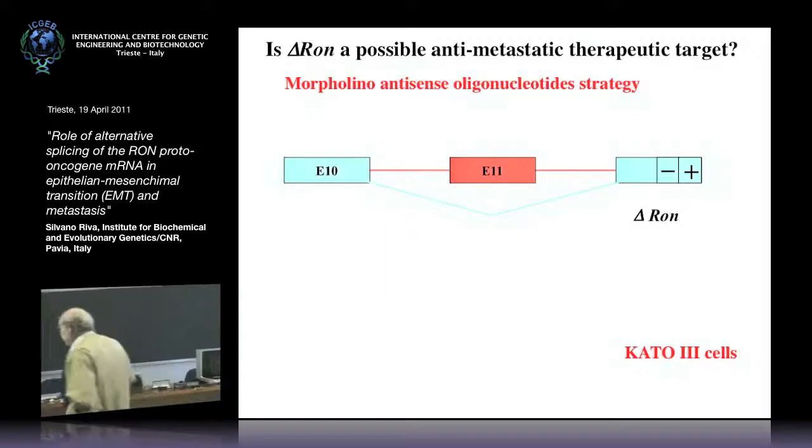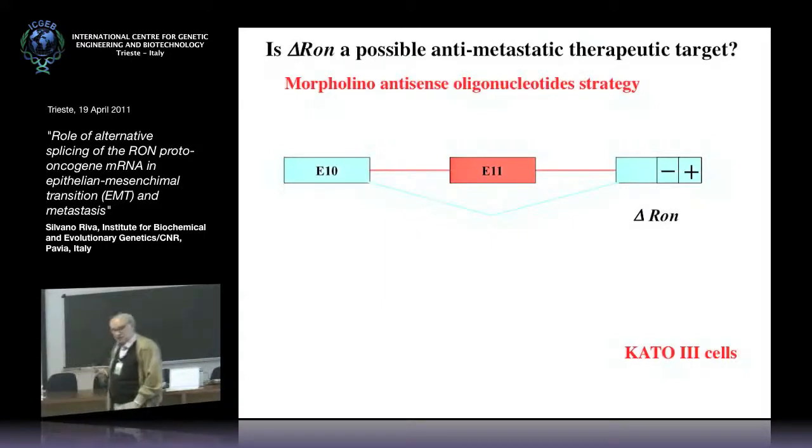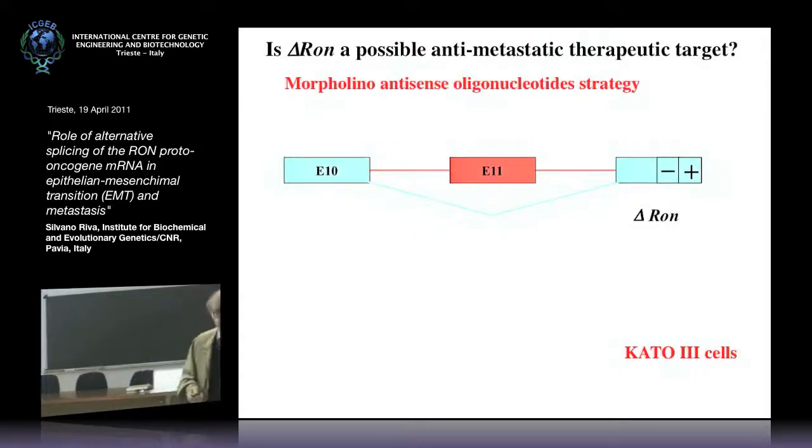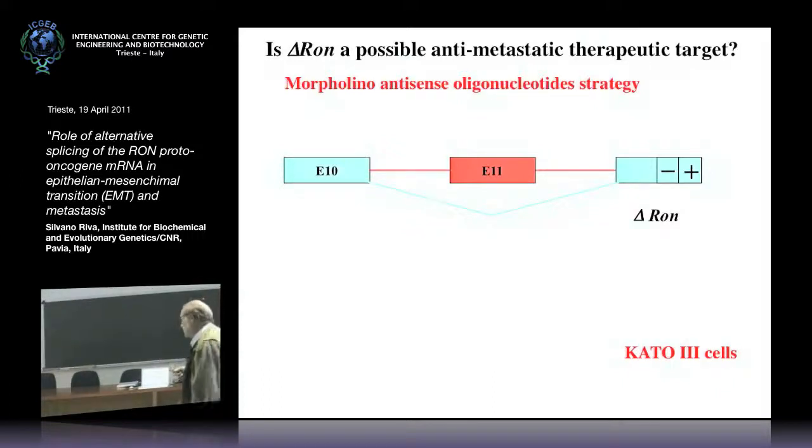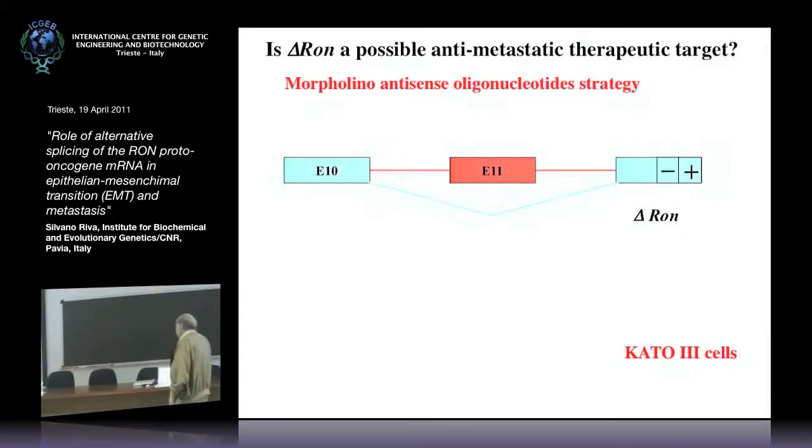And in fact, there are at least three approaches that are being tested, some in our laboratory, others in other places. And there are also some preclinical trials going on. And I briefly summarize them.